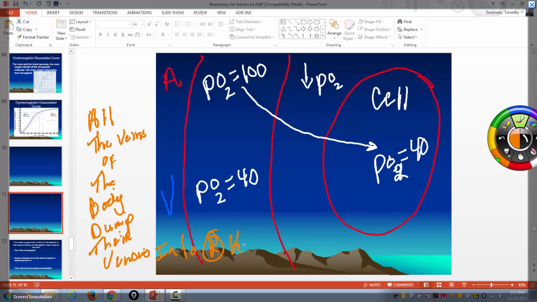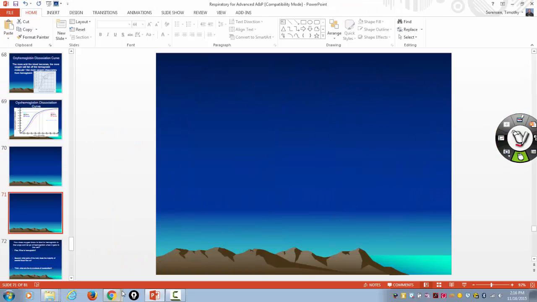So all this venous blood with the PO2 of 40 is now going to get dumped into the right side of the heart. And where does the right side of the heart pump its blood to? It pumps it to the lungs.